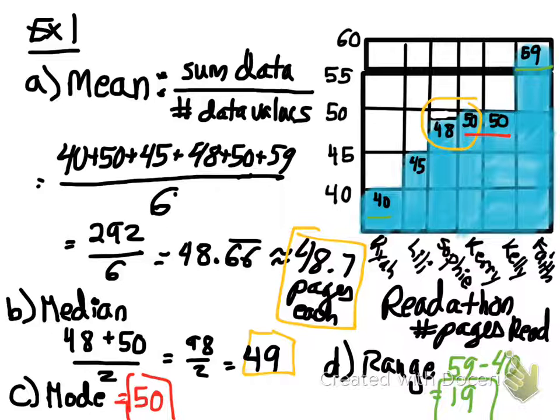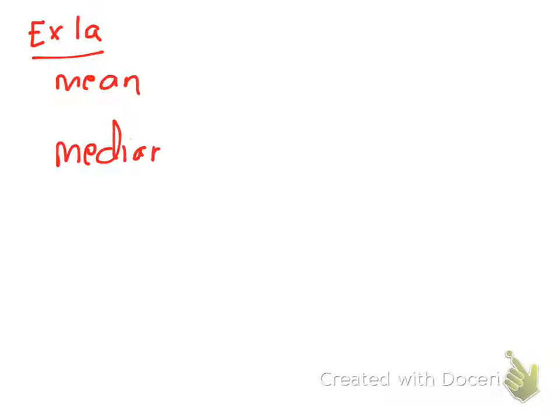All right, I'm going to have you now complete an example on your own. So I'm going to give you a data set, and you're going to go ahead and find the mean, median, mode of this data set. I'll have you find the range as well.